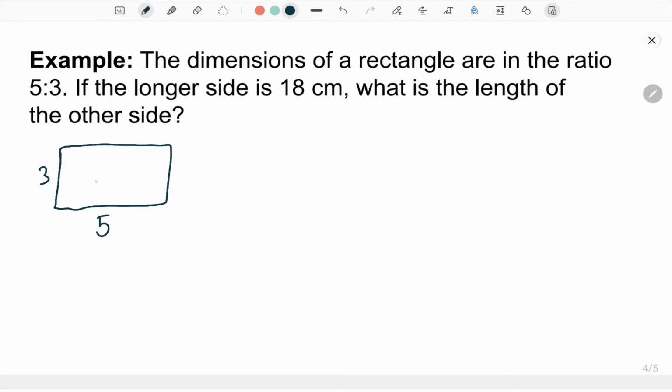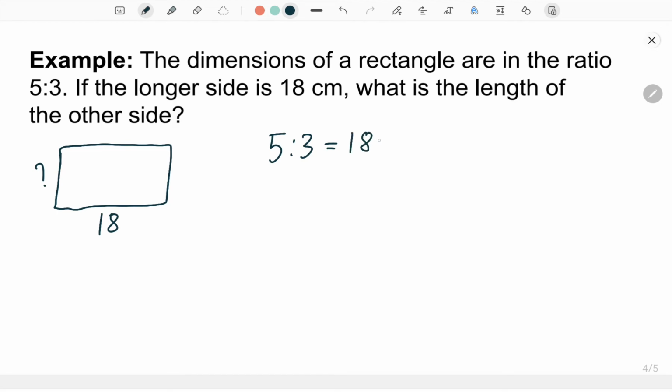What we're actually told is that the longer side is 18. So we want to figure out what is the missing side. We know they have a ratio of 5 to 3, and we know the actual dimensions of the rectangle will be in that ratio.